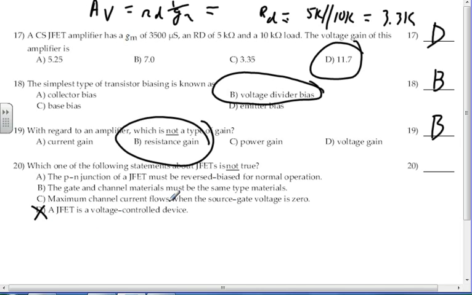Maximum channel current flows when the source gate voltage is 0. That's true. The gate and channel materials must be the same material. That one's not true. So B. The gate and the channel have to be different material.